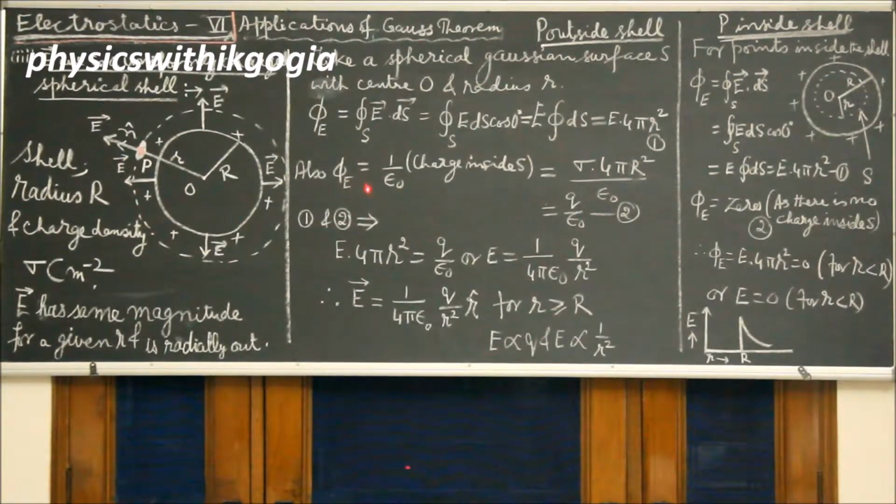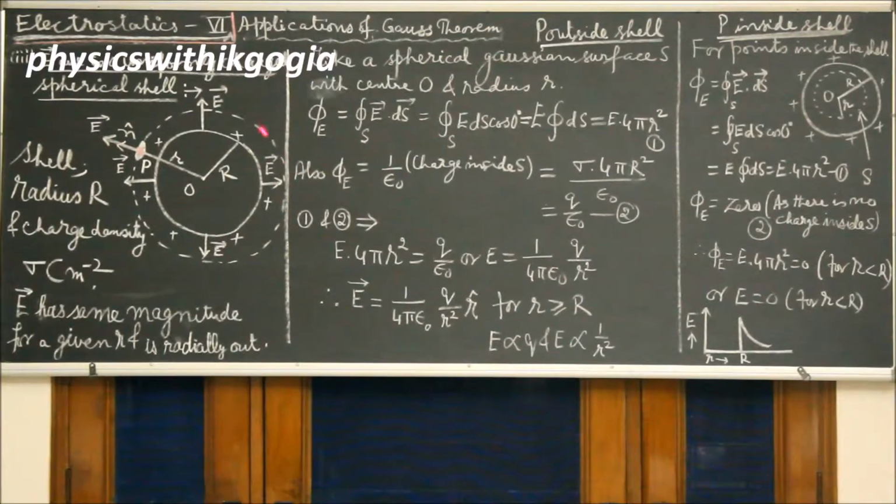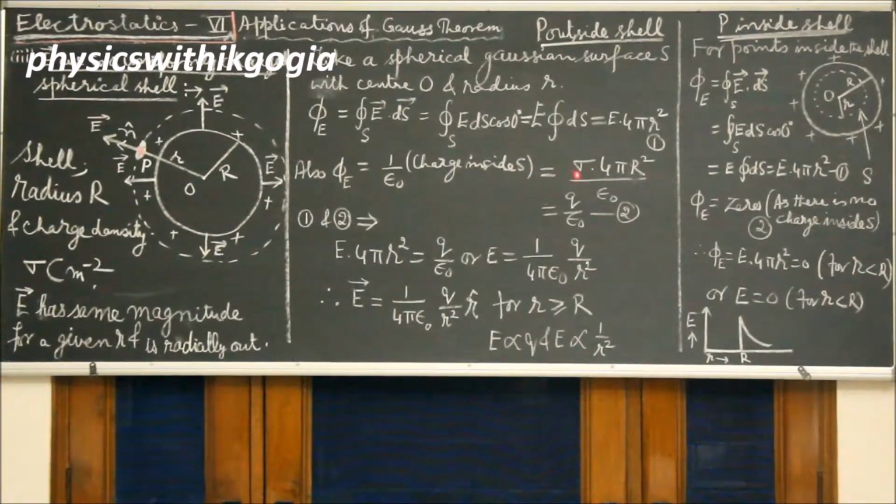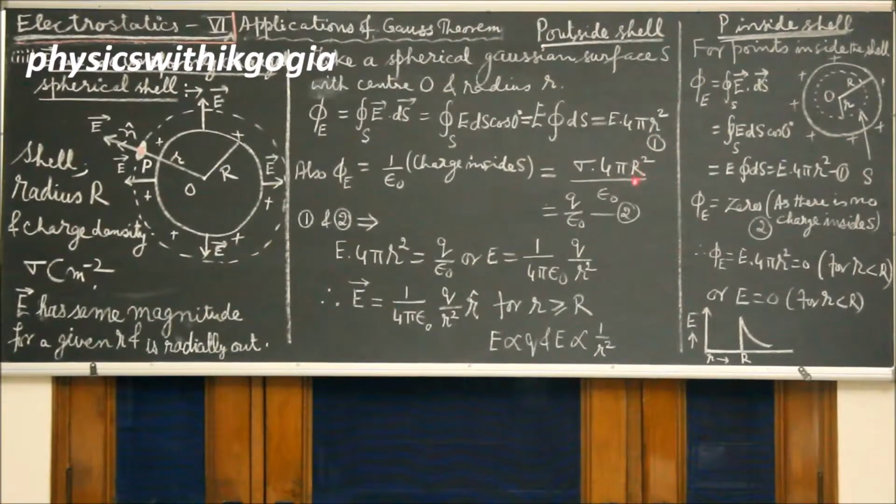Again phi E, the flux, is also 1 over epsilon naught into charge inside S, that is charge inside this shell. The charge inside the spherical Gaussian surface is the total charge on the shell, which is surface charge density multiplied by area of the shell, that is 4 pi R square.